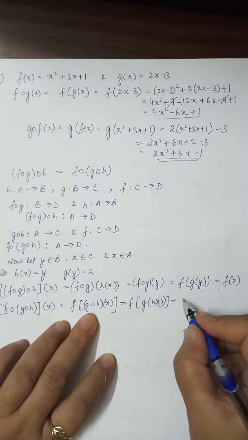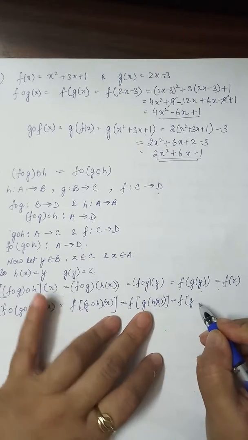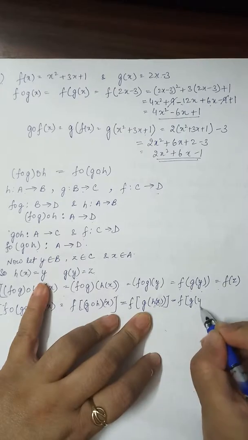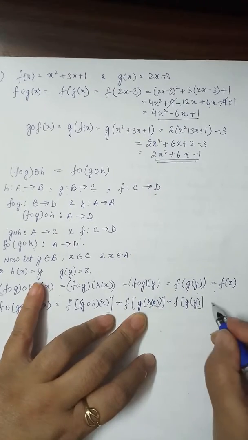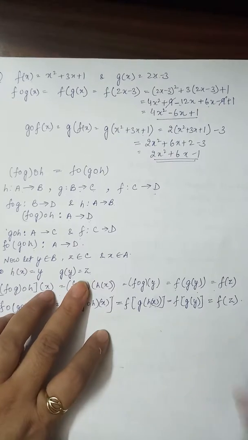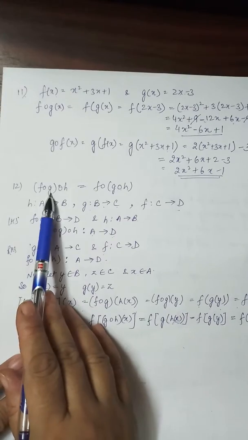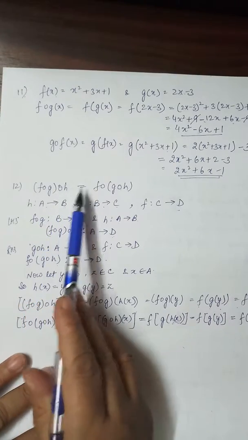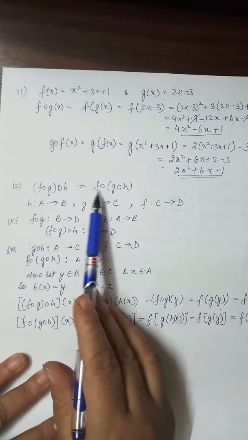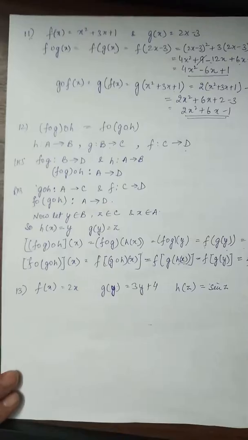What is h(x)? h(x) is y, so g(y) it is. f of g(y) is nothing but f(z). Okay, this way we can show that (fog)oh equals fo(goh), right?